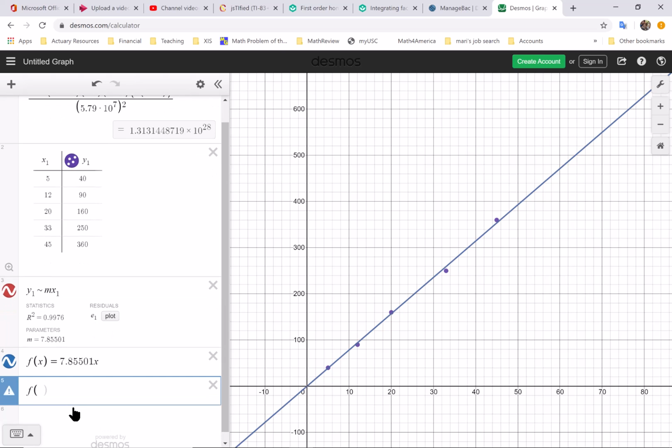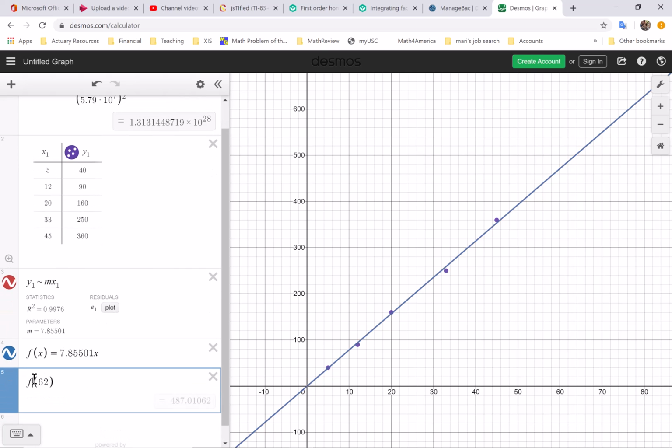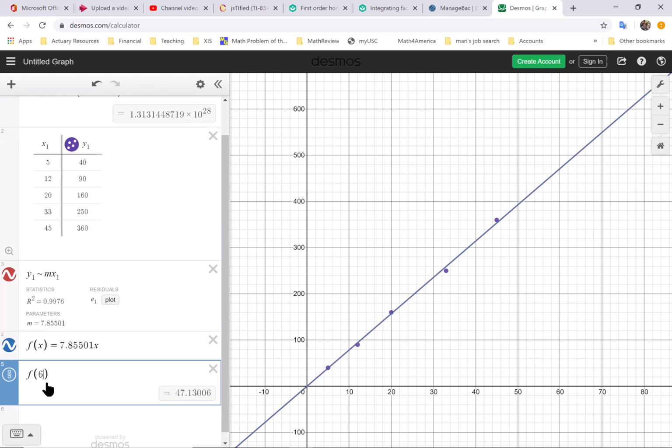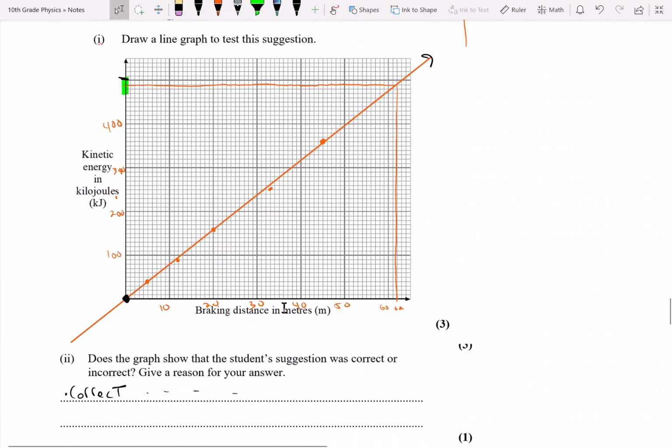And then I want to say, if I plug in 62, do I get out 490? Pretty close, right? I could try 63. That's a little bit over, so 62.125. There you go, 62.5. 62.4 is probably even closer, but you can't get that just based on the graph, right? So that's that.